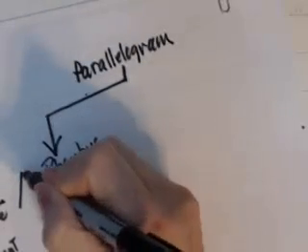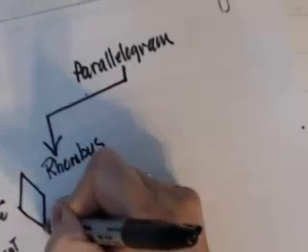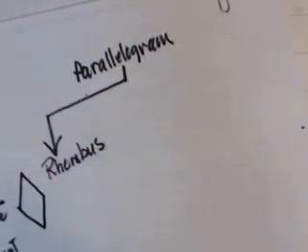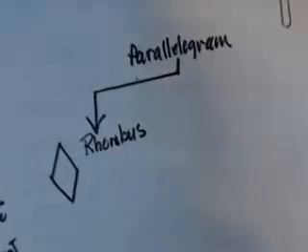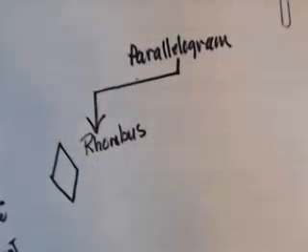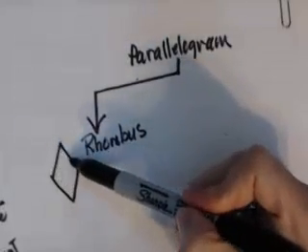And normally we draw a rhombus like this. Some elementary textbooks call this a diamond. And, you know, a diamond to me is a stone. I like to wear diamonds. The shape is a rhombus.